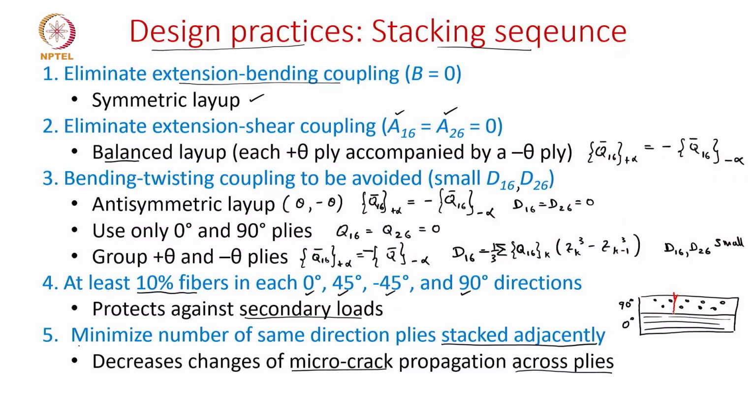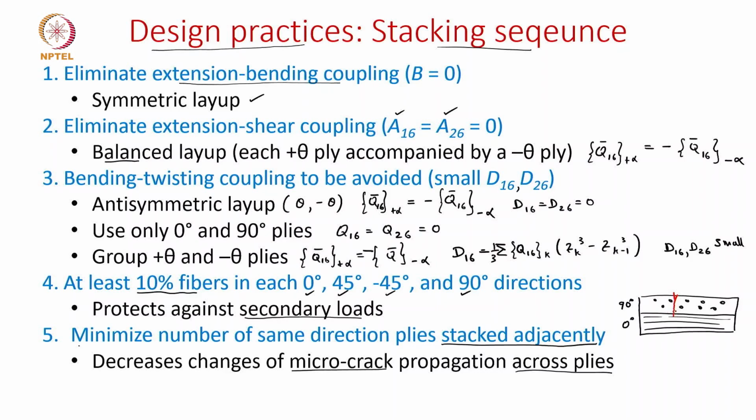Currently the crack is propagating in the matrix layer. Matrix is a weak material, so the crack can propagate easily in the matrix. But once it moves from the top layer to the bottom layer, it comes across these fibers in a perpendicular fashion. Then there is a hindrance for this crack growth.